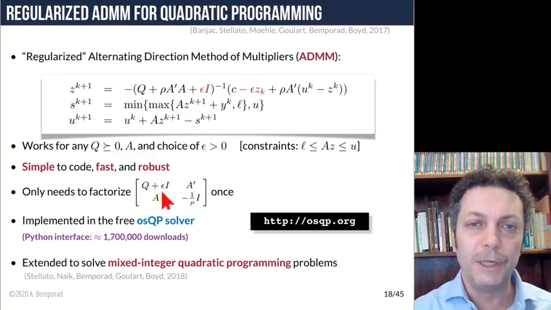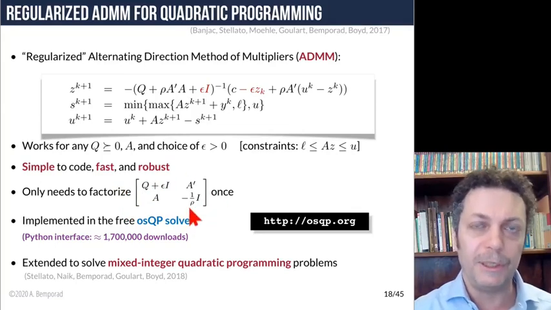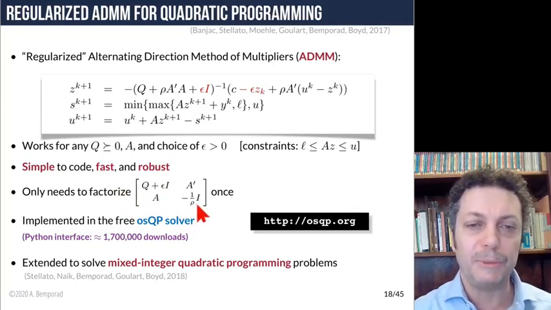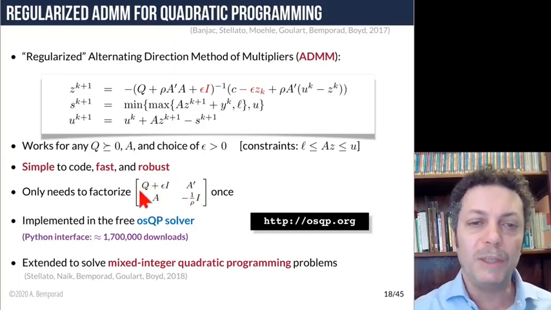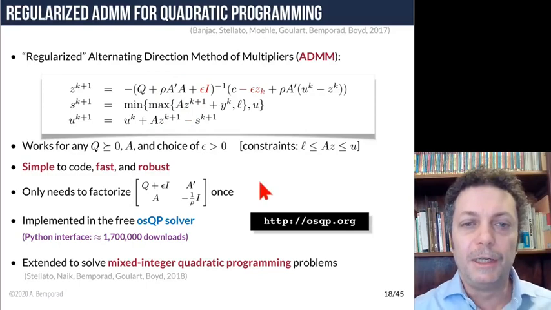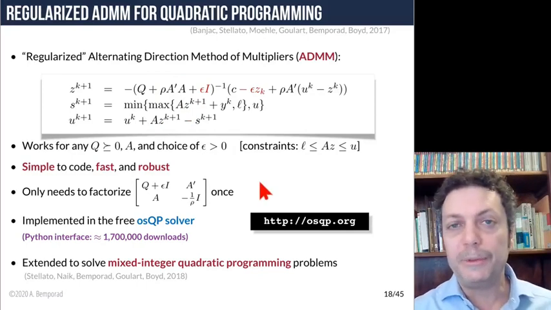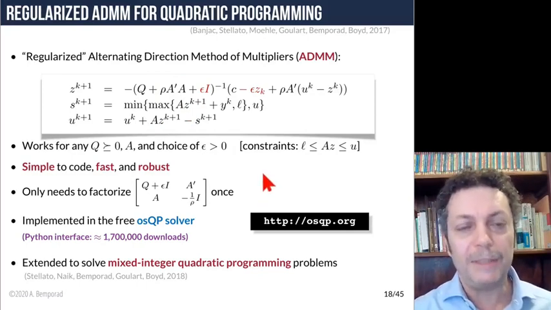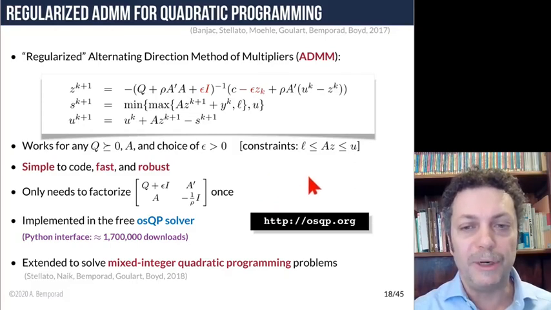So you have to compute the factorization of these matrices beforehand if you are solving a linear time invariant MPC problem, or online if the problem matrices change. And then once you have factorized the matrix here, you iterate these iterations listed here. So the code is really simple. It's quite fast and also quite robust numerically.